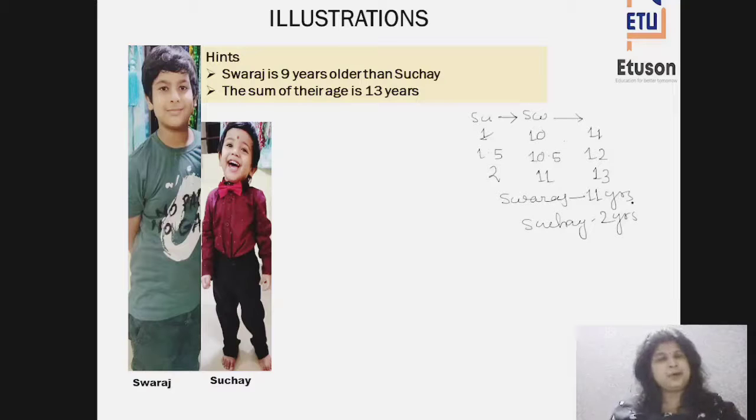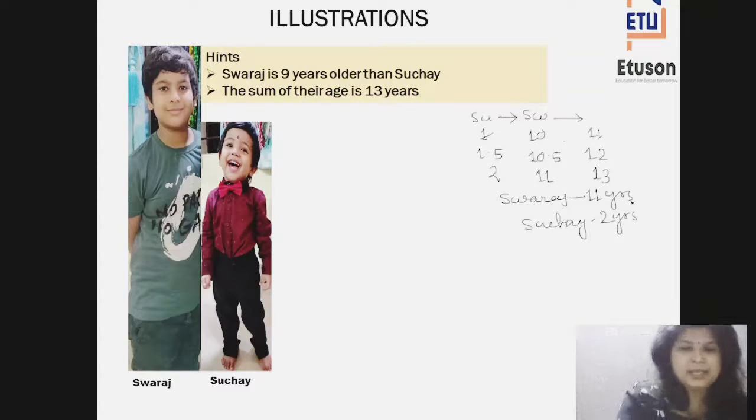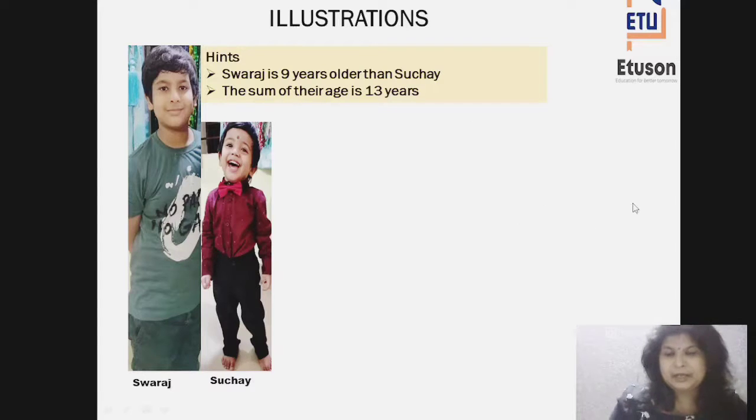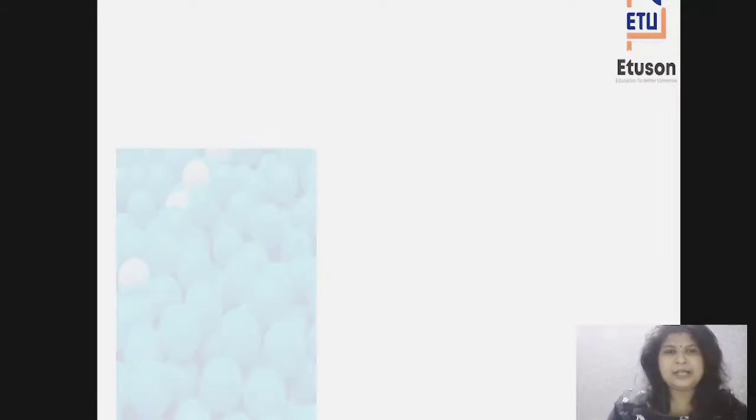By using the trial and error method, you could find the solution to this problem. But is this possible in every case? Here the numbers were very small, so you could gauge it by taking different values for the age of one child, and then find the age of the other child accordingly. But if the problem is like this, so I am just erasing what I have written. Now coming to the second illustration.